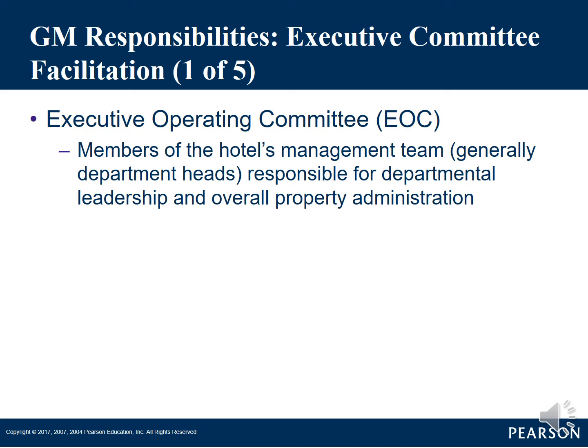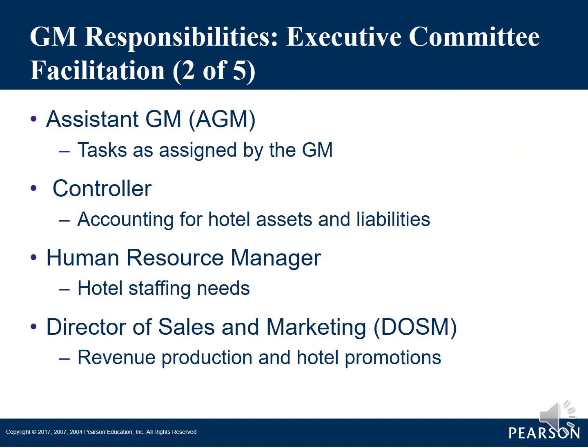Some of those are going to be things such as the AGM. The AGM, or the Assistant General Manager, deals with tasks assigned by the General Manager. Your controller deals with the accounting for the hotel's assets and liabilities. HR, hotel staffing needs.